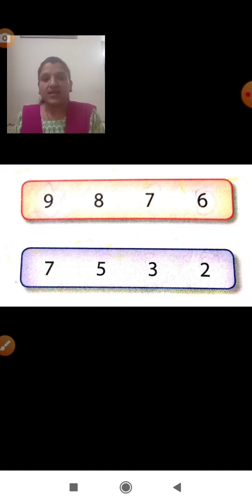Let's see in this first box, we see the numbers 9, 8, 7, 6. 9 is the biggest number and 6 is the smallest number among them. And they are arranged properly from biggest to smallest. In the second box also we see 7, 5, 3, 2. They are also arranged in decreasing order. Have you recollected? Very good.